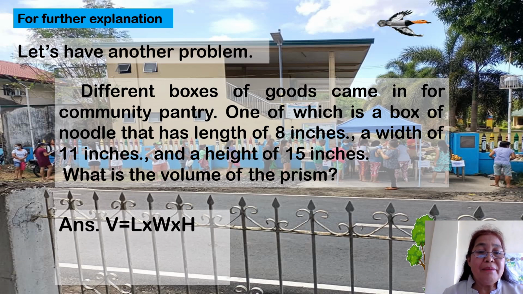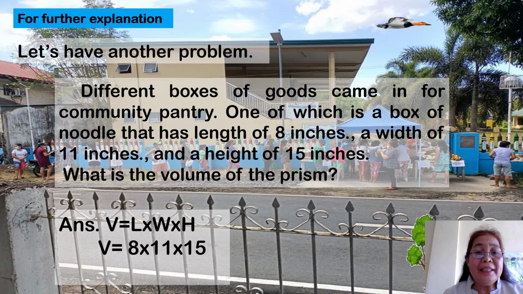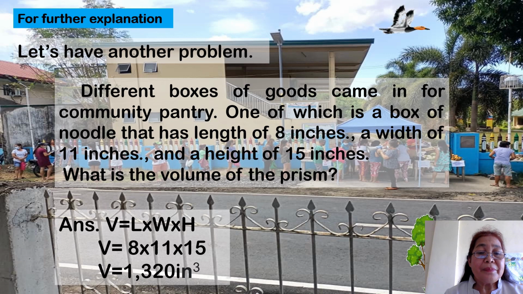The formula is volume is equal to L times W times H. Substituting, the length is 8 inches, the width is 11 inches, and the height is 15 inches. The operation is multiplication, and the volume of the box is 1,320 cubic inches. Okay, very good.